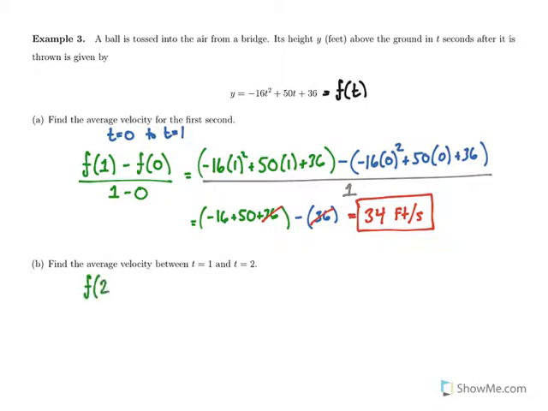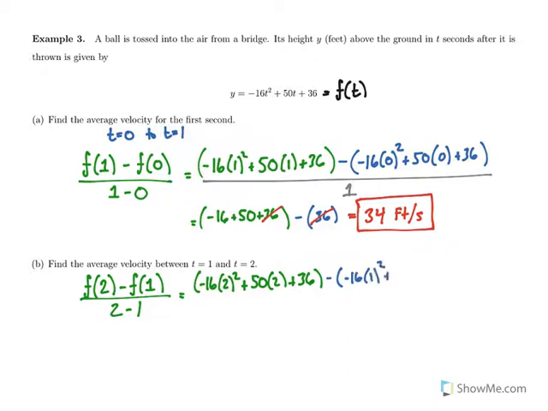Here we have f of 2 minus f of 1 over 2 minus 1. f of 2 is negative 16 times 2 squared plus 50 times 2 plus 36, minus plugging in 1, negative 16 times 1 squared plus 50 times 1 plus 36, all over 2 minus 1, which is just 1.